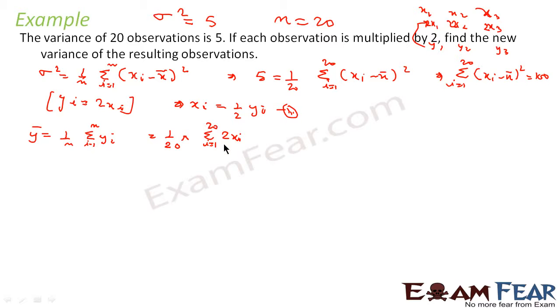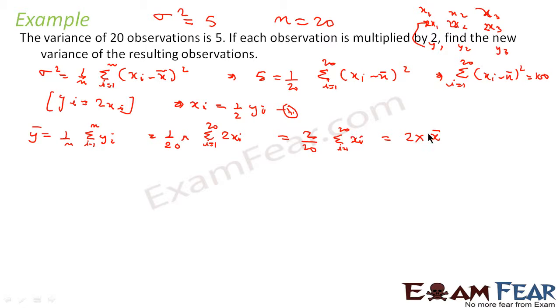Since 2 is a constant factor, I can take it outside. So this becomes 2 by 20 into the sigma of xi, i is equal to 1 to 20. This is nothing but 2 into the mean of x. So we can say that mean of y is nothing but 2 into mean of x, because this whole thing is the mean of x, sigma xi by 20.